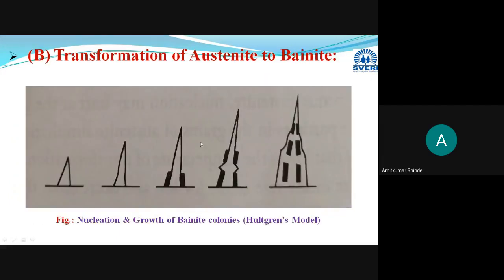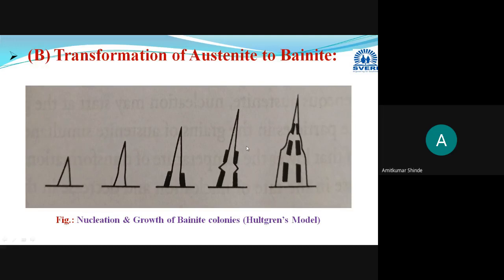But in this case, the rate of nucleation is faster compared to the growth of the cementite, which forms in the adjacent region. Initially a nucleus of ferrite will be formed and it will grow, and in the adjacent region cementite will be there, but the nucleation rate will be very high. In this way ferrite will grow and a needle-like structure will be formed.